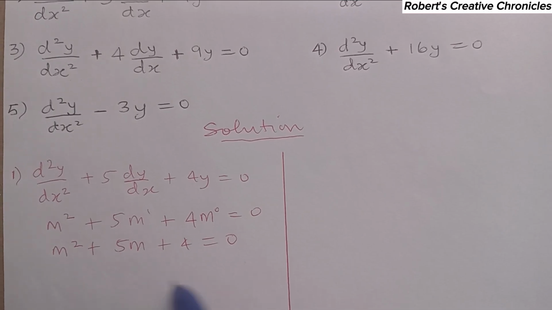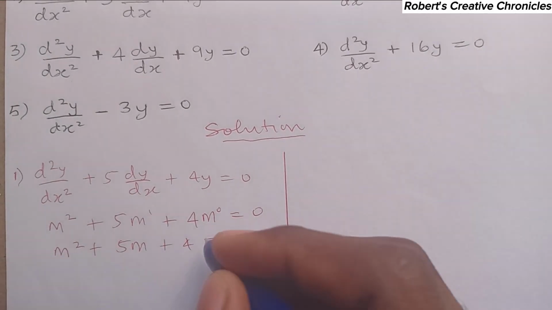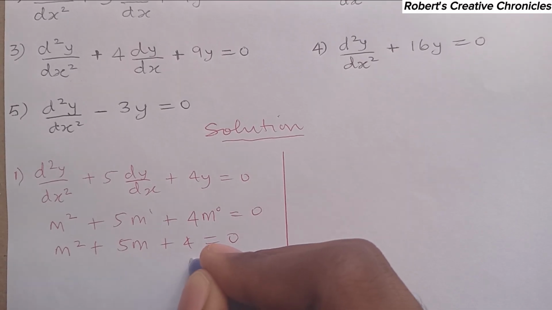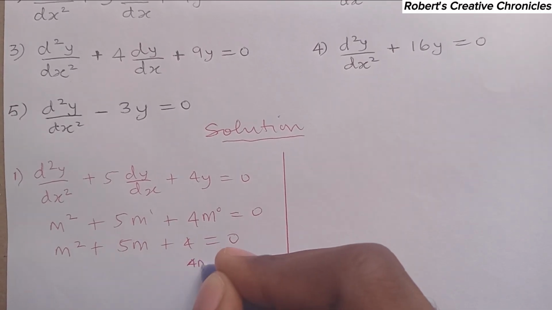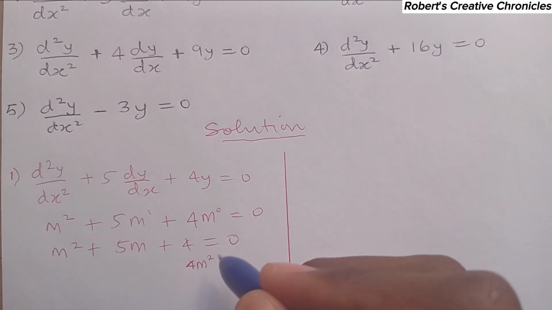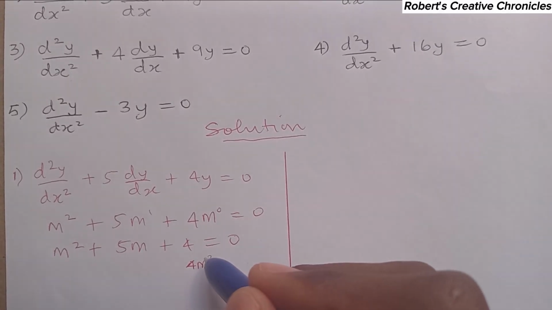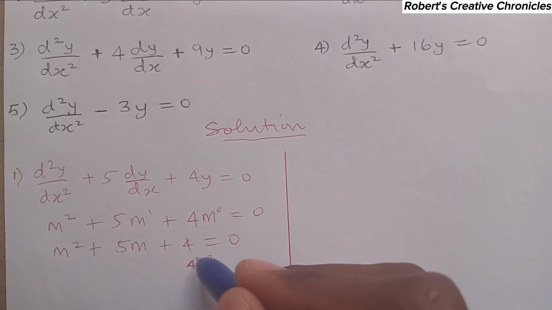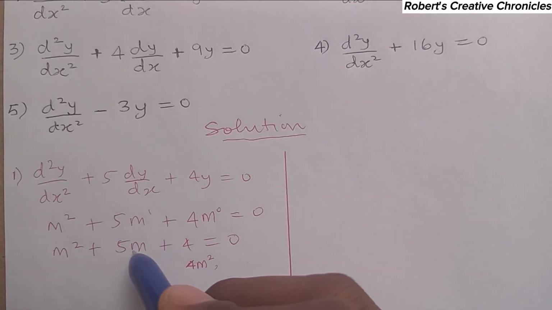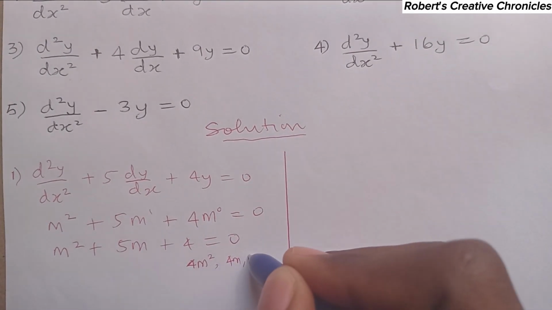So now we will factorize this. To factorize this, the product of the first and last terms is 4m squared. We are using the factorization method. We'll find two terms whose product gives us 4m squared and whose sum gives us 5m. So it will be 4m and m.